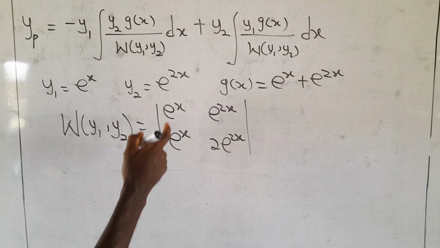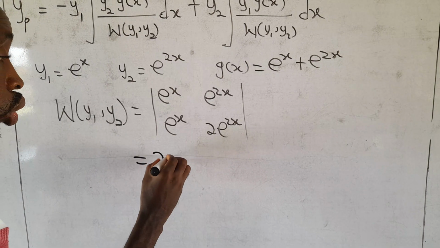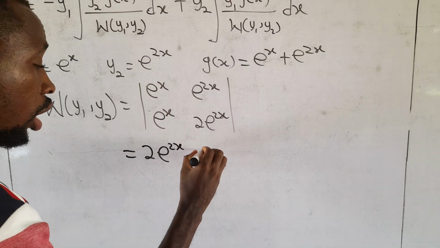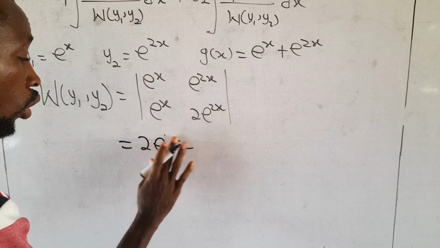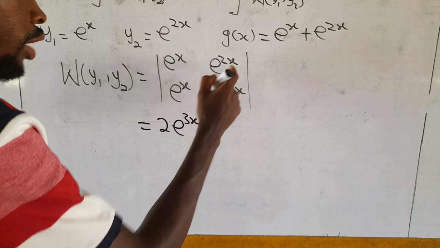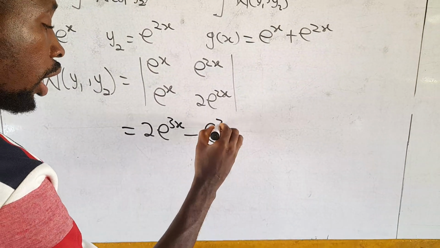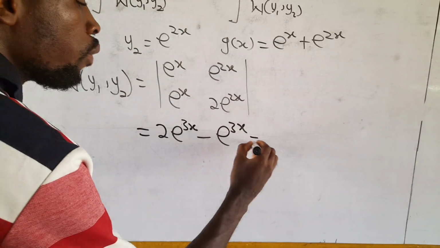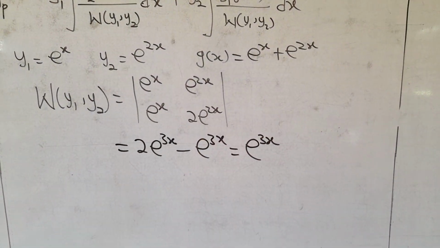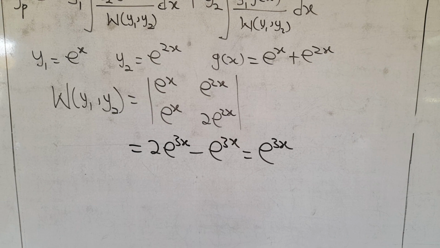So when we do this, we get 2e exponent 2x times e exponent x, which is 2e exponent 3x using indices, minus e exponent 2x times e exponent x, which is e exponent 3x. When we subtract, we get e exponent 3x. So that becomes the Wronskian of y1 and y2.